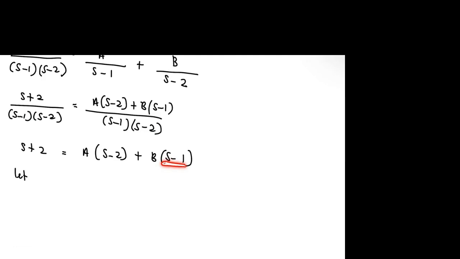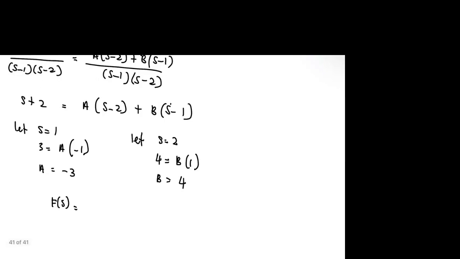So 1 minus 1 is 0, so that term will be 0. 1 plus 2 is 3. A times, 1 minus 2 is minus 1. B times 0. So here A is 3 divided by minus 1, so minus 3.